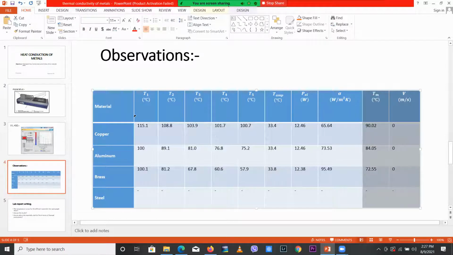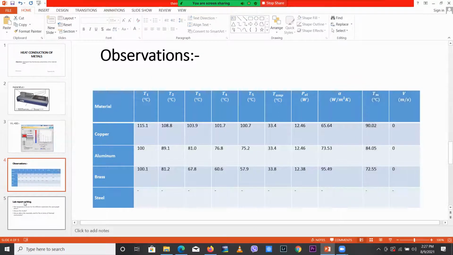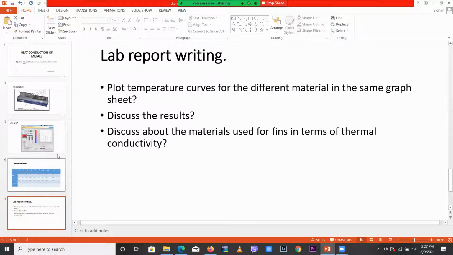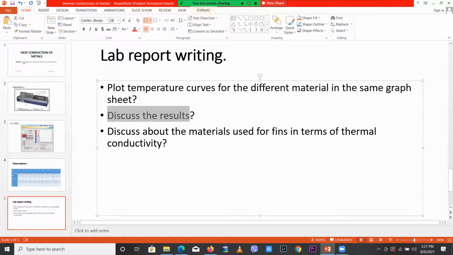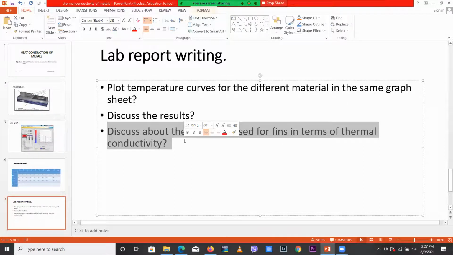Just write for these three methods: observation table, theory, procedure, observation data, and the discussion part. In the discussion part, you have to plot the graph, discuss the results, and discuss the results of the metals used for fins.